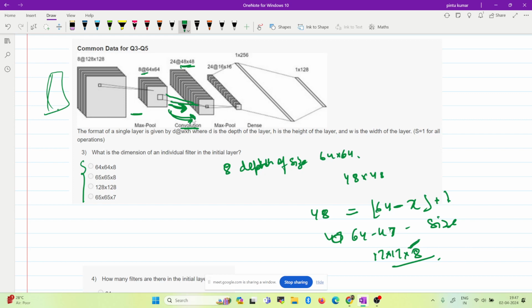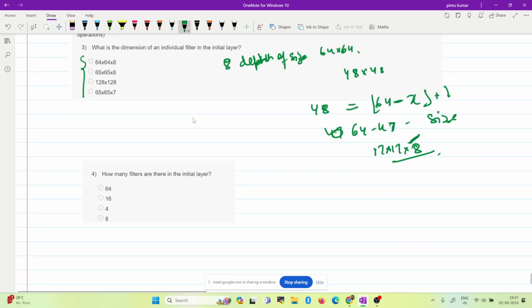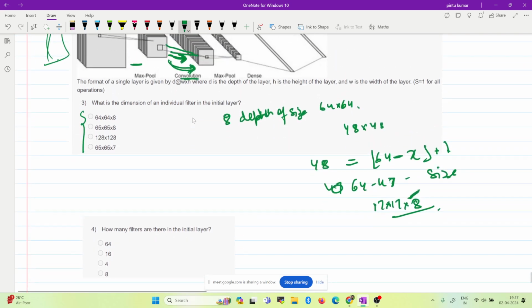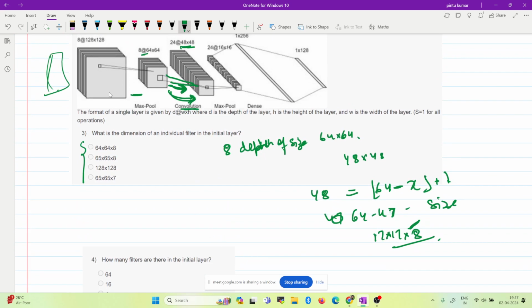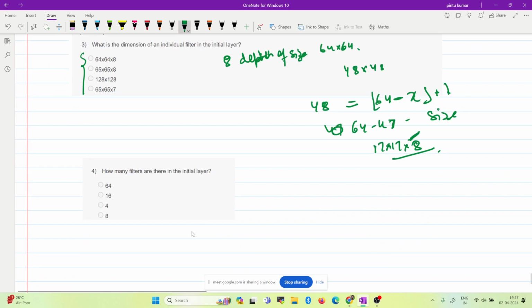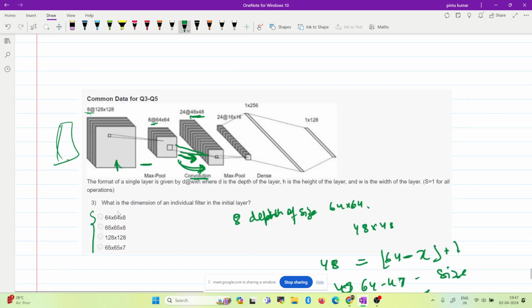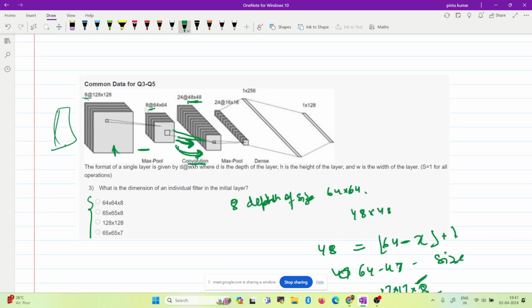We treat this to be the initial layer. How many filters are there in the initial layer? If we think this is the initial layer, then there are 8 filters over here. Right. Here also we have 8 filters. Here we have 24. Here we have 24.